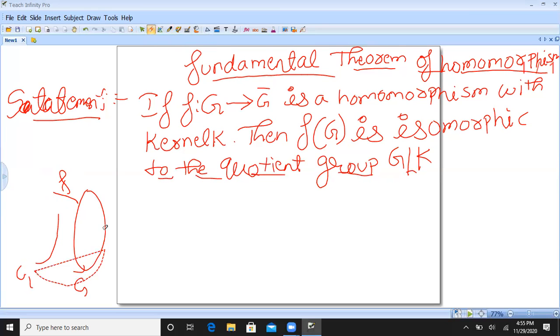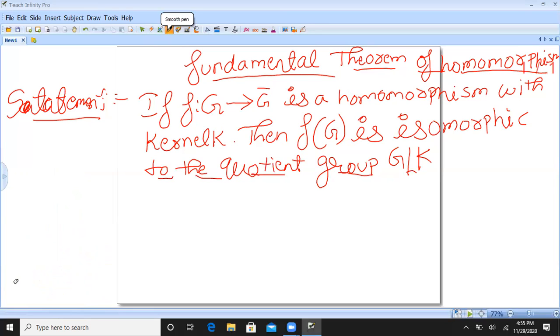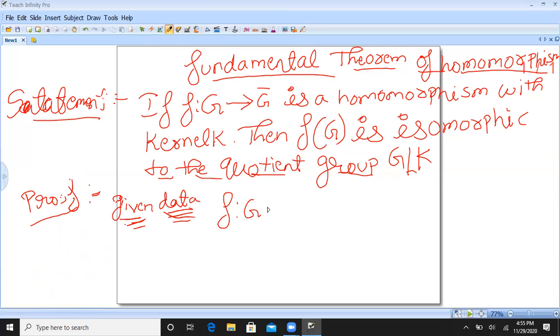Next, the proof. First we will write the given data. f: G → G bar is a homomorphism.